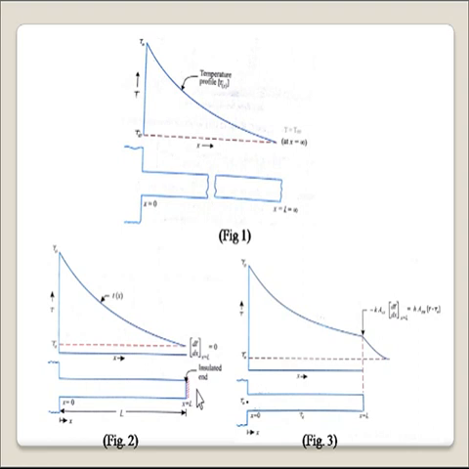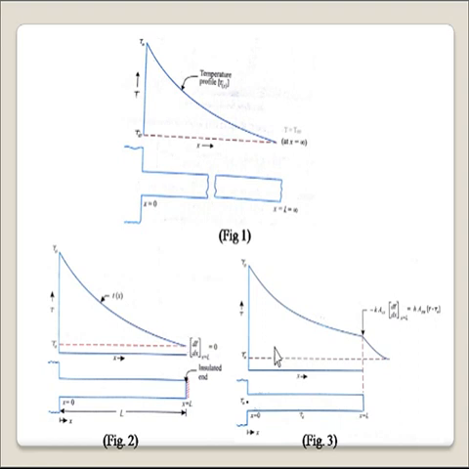So K and A are not 0, so dt by dx equal to 0 is the boundary condition for the short fin with insulated tip. Figure 2 shows the short fin with insulated tip and the temperature distribution from the base of the fin to the tip of the fin. Here at the tip, the temperature of the fin is higher than the surrounding temperature.